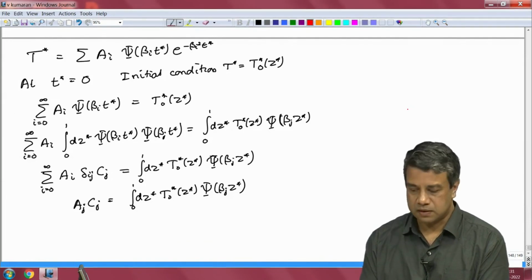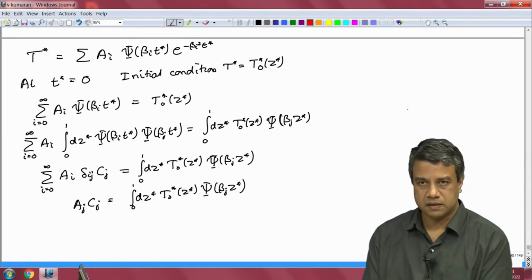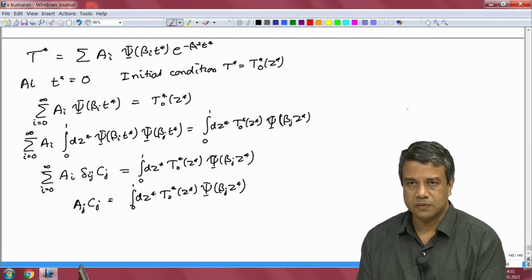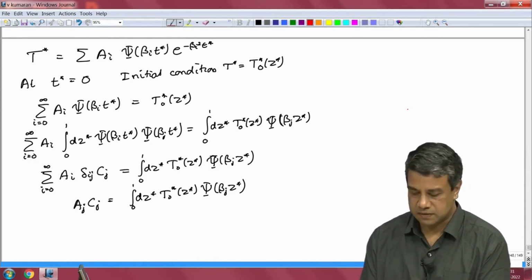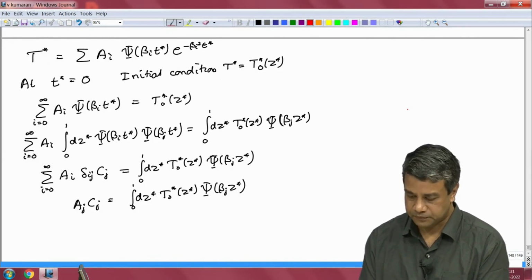And you can use that orthogonality condition to solve for these coefficients A i, and in that way, you get explicit solutions for these functions A i.